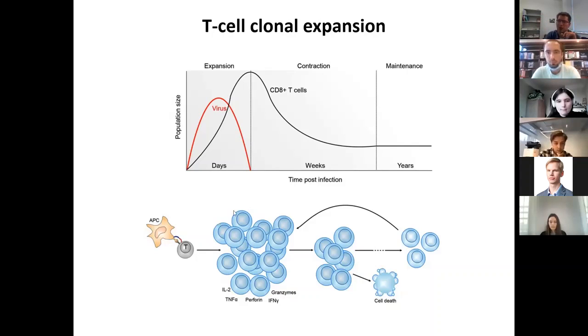So this is the T cell with all of the identical T cell receptors, which then carries out the killing. And once the virus is cleared from the system, when there are no more cells that indicate that they have a virus, then starts the contraction phase of the CD8 T cells, when they basically commit some kind of suicide, apoptosis of the cells.